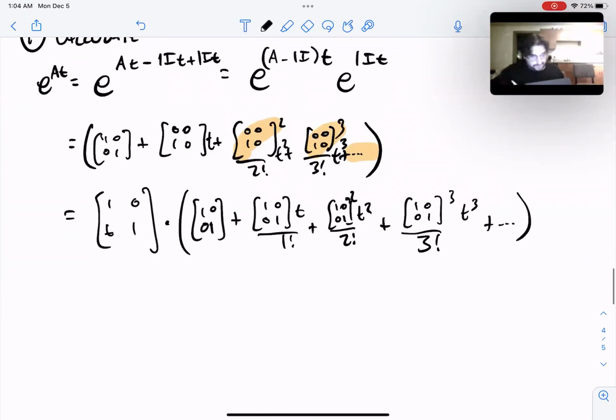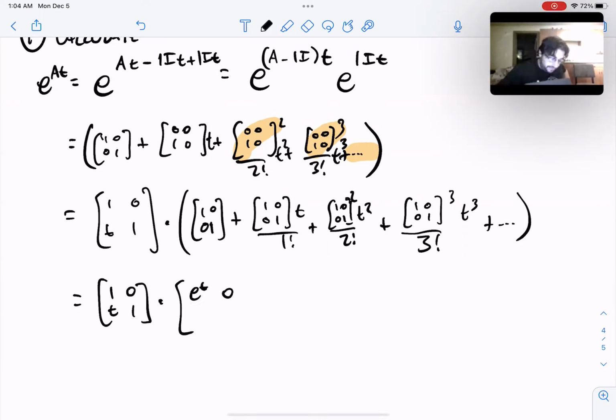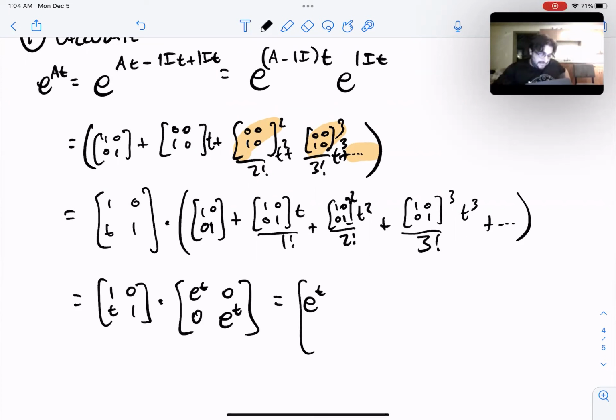There we go. So if you look at these, what ends up happening? Well, on the right, you end up getting exactly the series for e to the t in the top left, exactly the series for e to the t in the bottom right. And this actually ends up having the same effect as a scalar. So if you do the matrix multiplication, that's what you end up with.